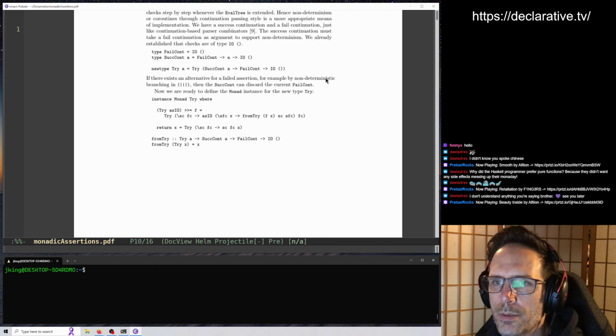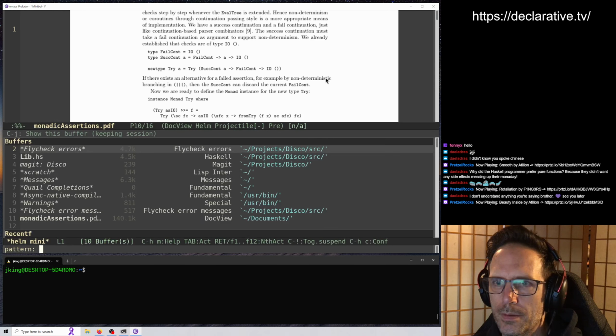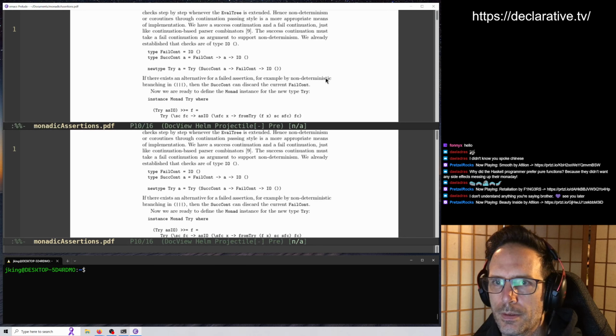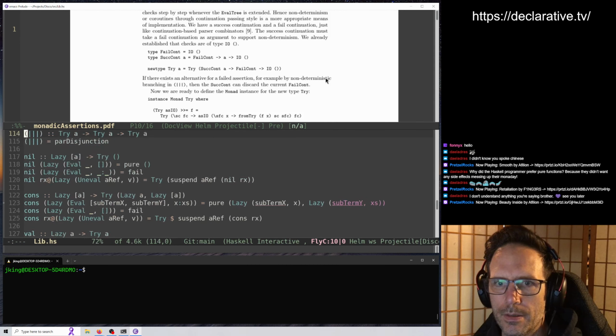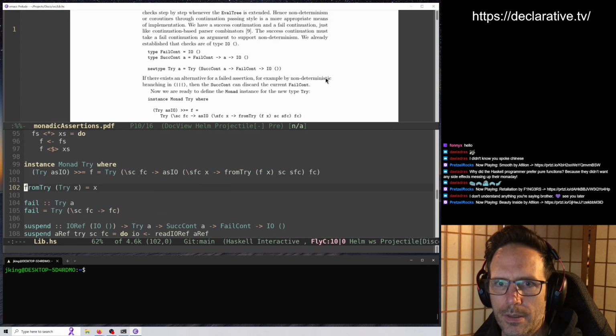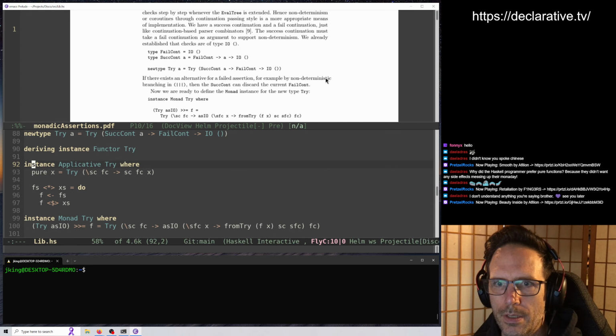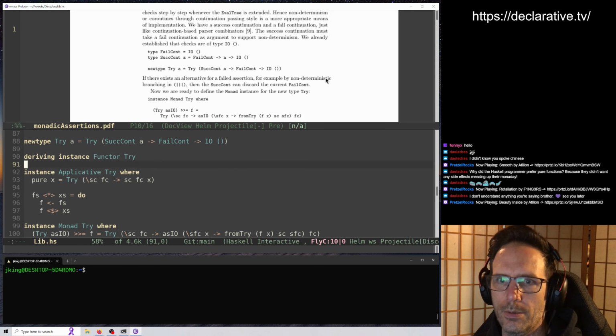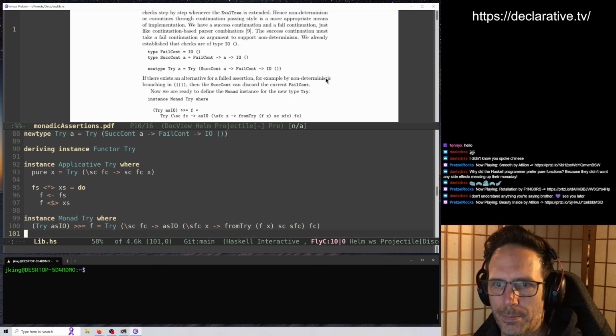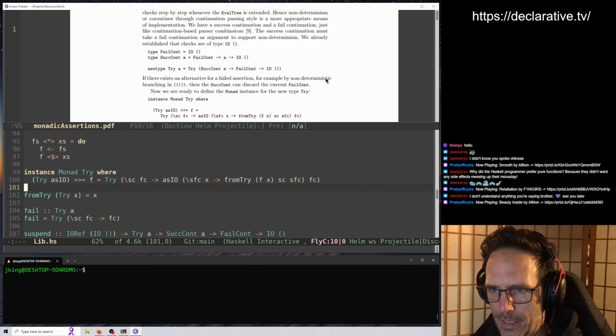Okay, yeah, and then the new type try A and our continuations. Let's go over there. Just a quick review here. We implemented the new type try here with the success continuation, the fail continuation, IO. We got the functor, the applicative instance, and the monad all lined up.